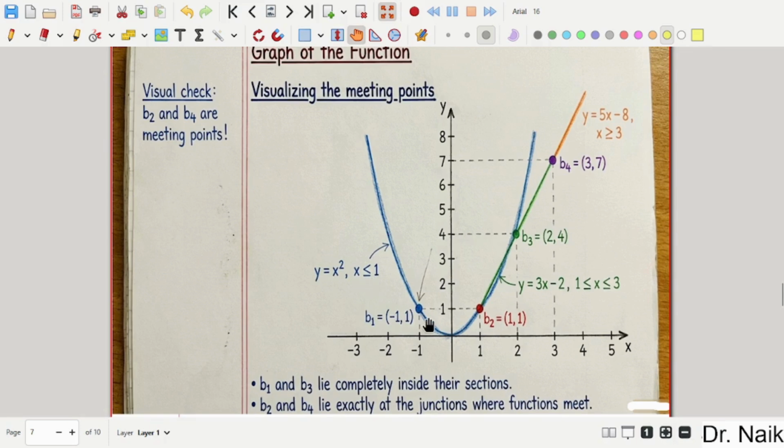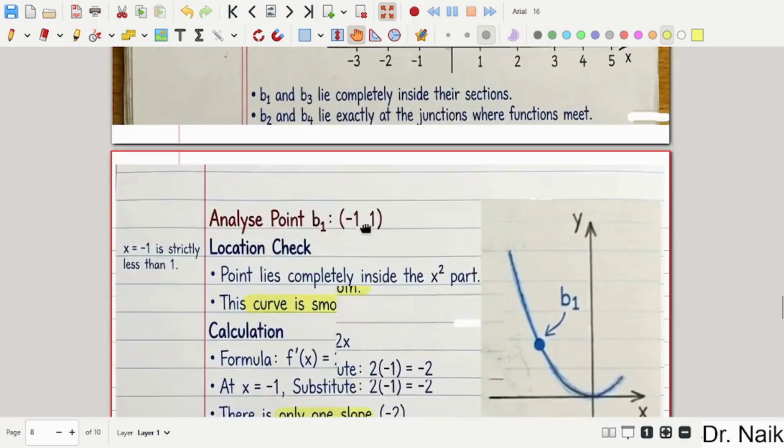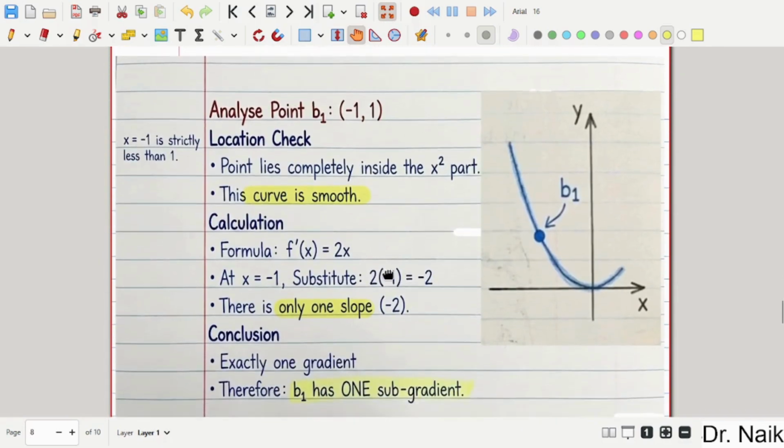Points B1 and B3 lie completely inside their sections, but points B2 and B4 are at the junctions where the functions meet. Let us analyze the point B1, that is minus 1 comma 1. The point lies completely inside the x squared part.